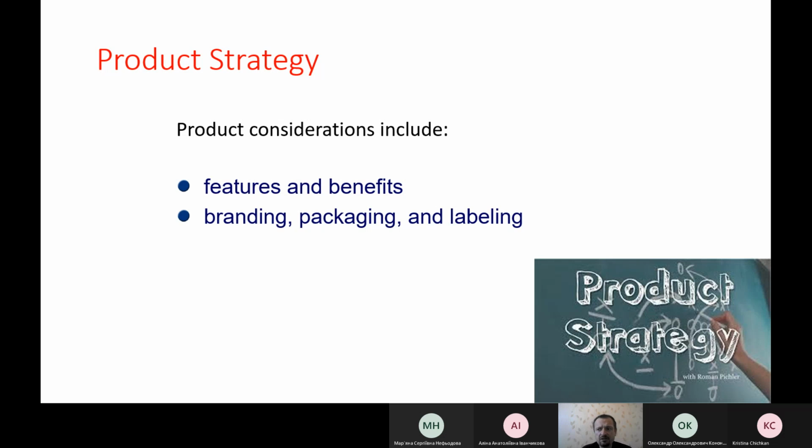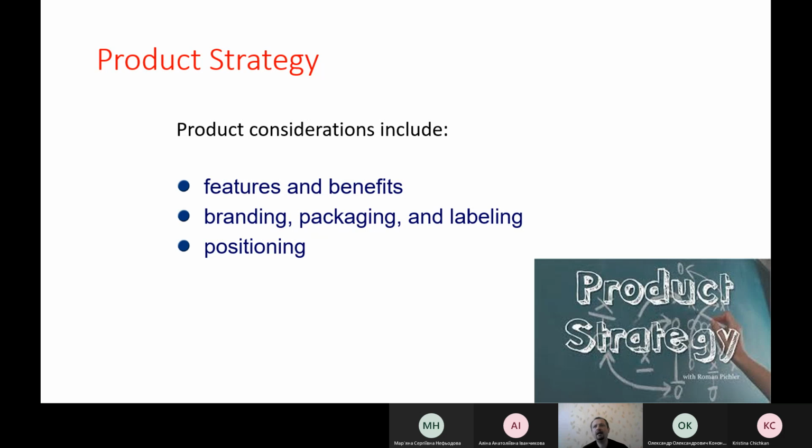Except the main characteristics, any product must be packed somehow. It must be sold under some brand with some label. So you have to describe these, and also you have to find a place for your company at the market.